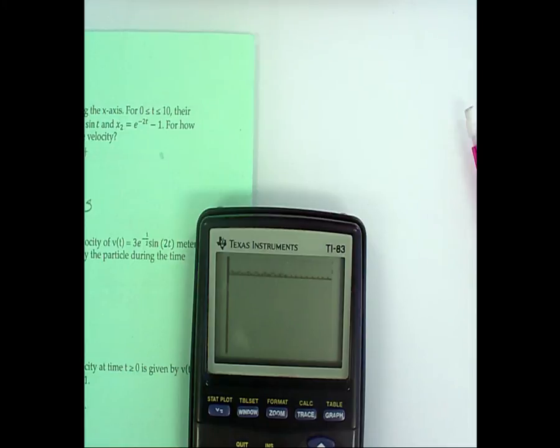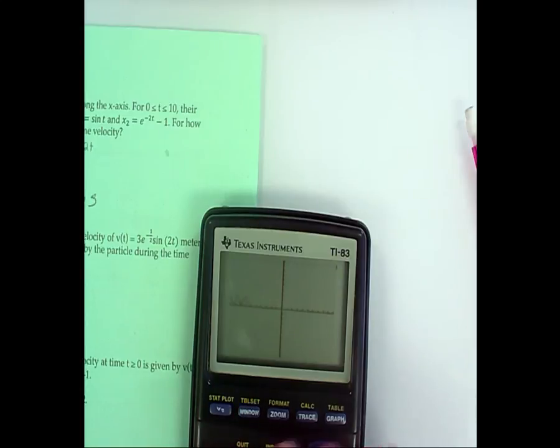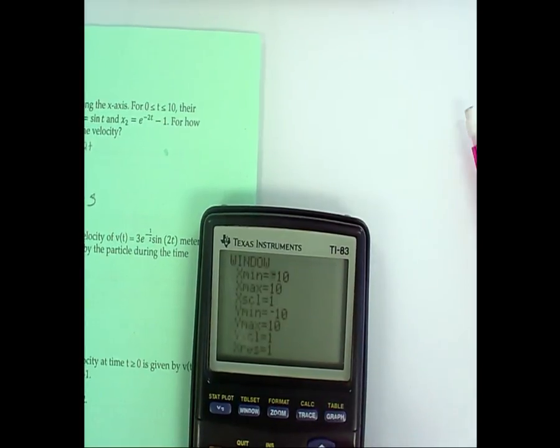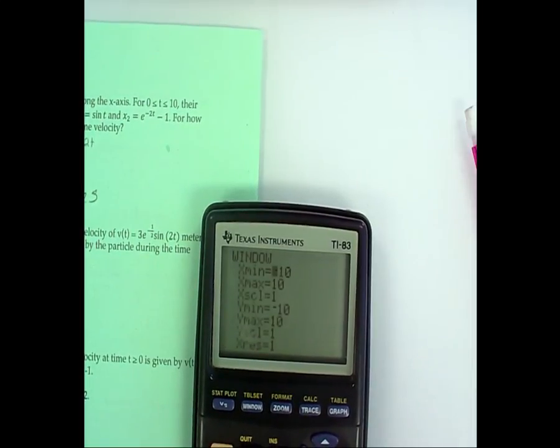Okay, so what we need to do is adjust our window. Yeah, we gotta wait for it to finish. Okay, so let's go to your window. And we're integrating from what, 0 to what? 0 to 2. So go from 0 for min and 2 for max.